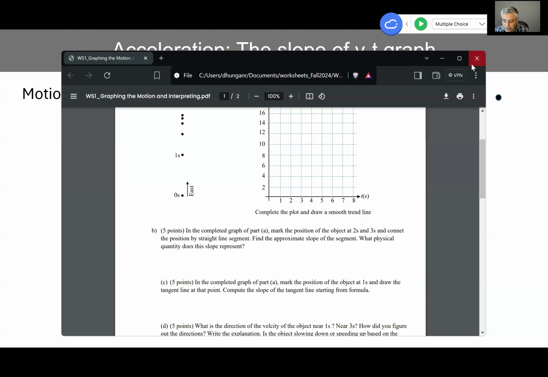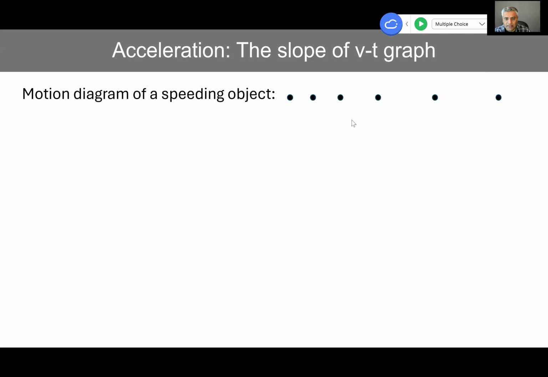This is due next week Tuesday night, the night before the Wednesday class. So you have a week to complete this, but there is going to be a new worksheet next class. So you want to finish this during this weekend, if possible. And you can submit it.